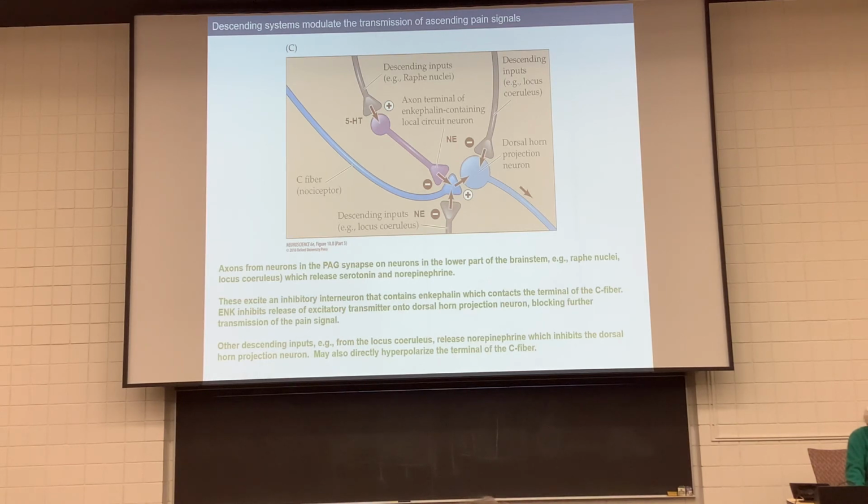There are also cells that are activated by the PAG that come out of an area called the locus coeruleus, which release norepinephrine. And that is on the dorsal horn cell, and it will inhibit it. So that PAG output's coming down into the reticular formation of the pons, and those chemically defined axons, serotonergic, noradrenergic, are going to come down and basically either block release of neurotransmitter or block the activity of the dorsal horn neuron itself.